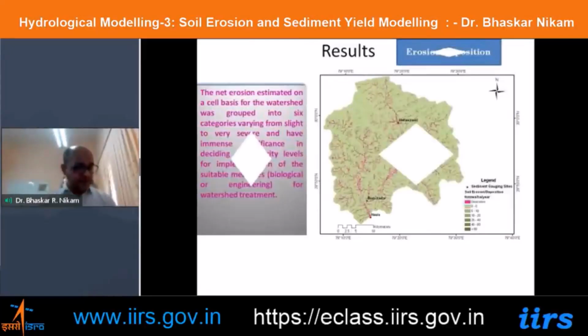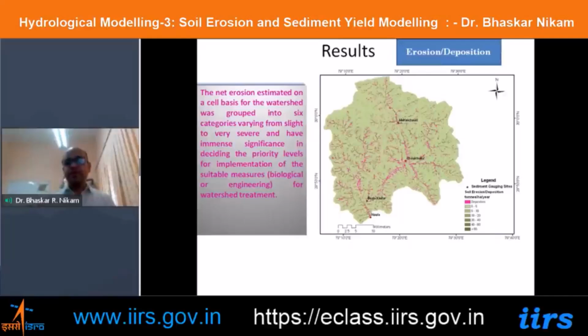I'm not saying in the stream, I'm saying along the stream, which is naturally true, because along the stream the slope becomes gentle. And because the slope is gentle, the transport capacity of those pixels suddenly reduces, whereas the water coming into those pixels will have higher sediment flow. So a higher amount of deposition happens around the stream, in the pixels near the stream, which is naturally also true, and the model also represents it.